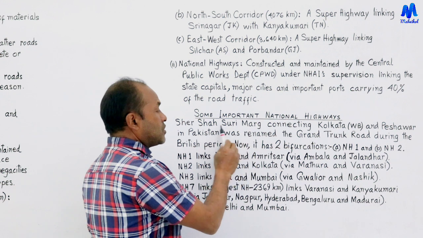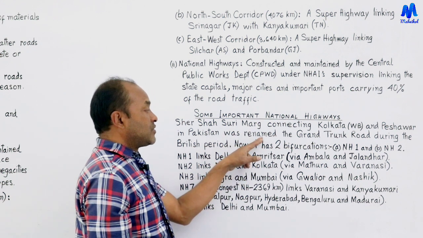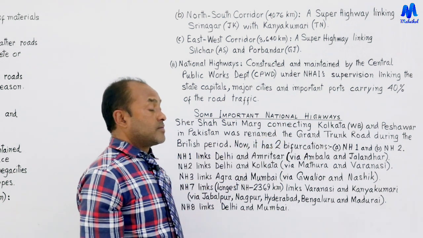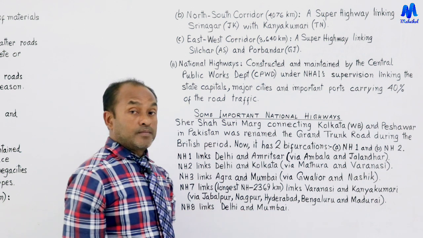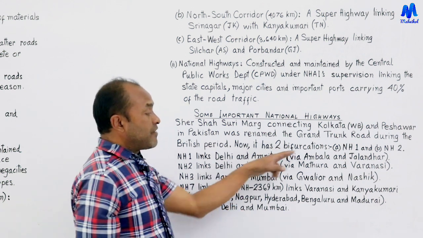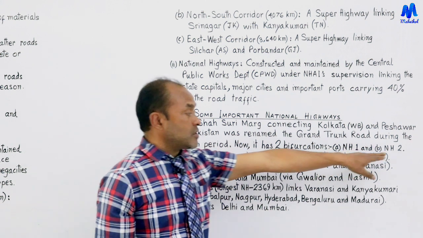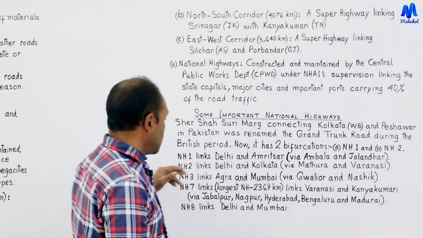And this Shershah Suri Marg was renamed the Grand Trunk Road. In which period? During the British period. Now it has two bifurcations. First one is National Highway number 1 and second one is National Highway number 2. We'll discuss those in detail here.